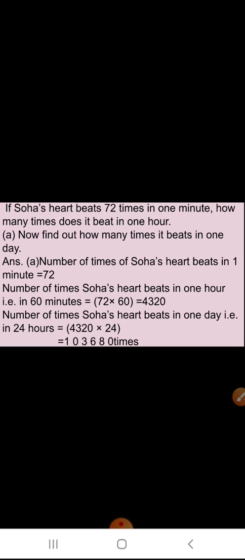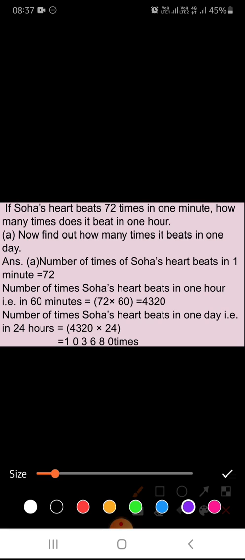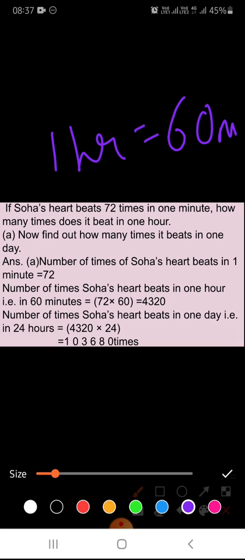As you all know, in 1 hour, how many minutes are there? 1 hour equals 60 minutes. So you have to find how many times it will beat in 1 hour.